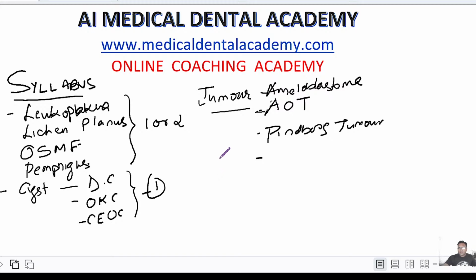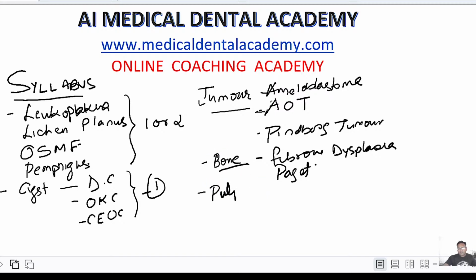Now they go with bone disorders. In this, they have fibrous dysplasia, osteopetrosis, Paget's disease. Now they come to pulp and periapical or periradicular disorders.